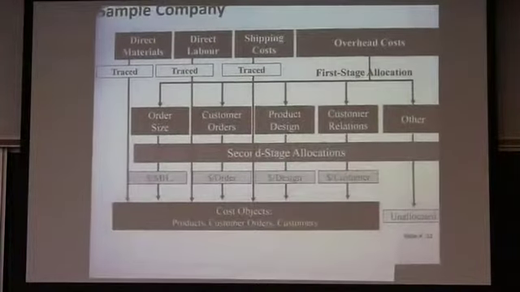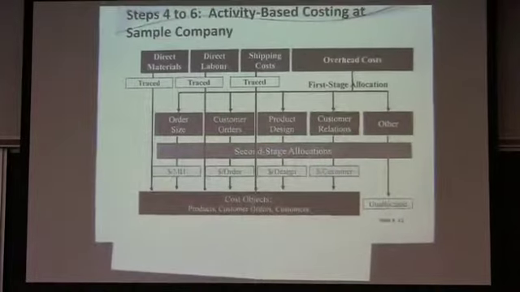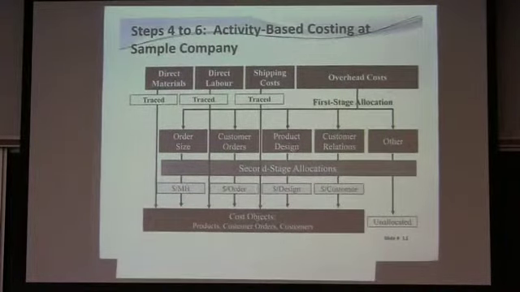So I wanted just to highlight for you what actually happens in this typical example sample company. In sample company, we have to determine the cost of a particular product. In my example, we had 4 products: Product 1, 2, 3, and 4.